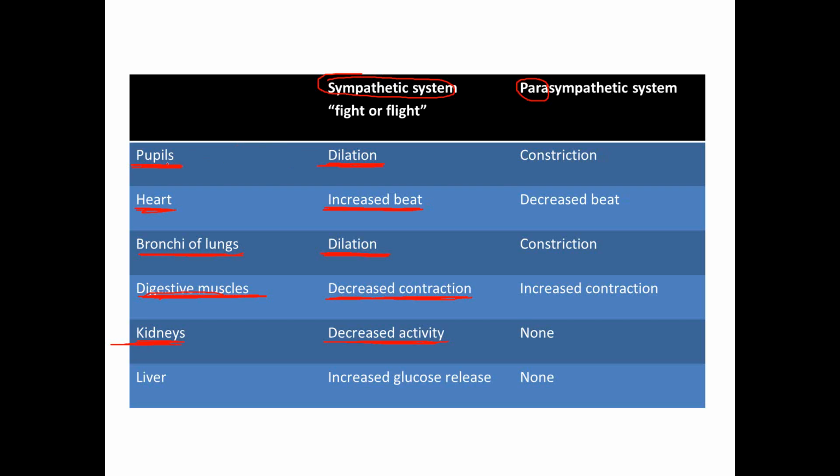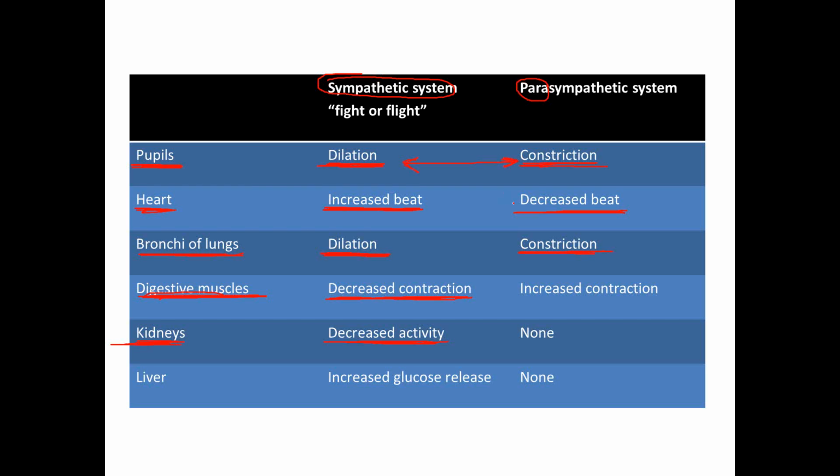So for the pupils of the eye, instead of dilation, constriction. For the heart, instead of an increased beat, it's a decreased beat. And for the lungs, instead of dilation of the airways, there's constriction. So there's two opposing effects there, and they provide a balance.